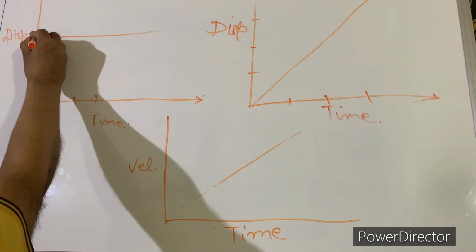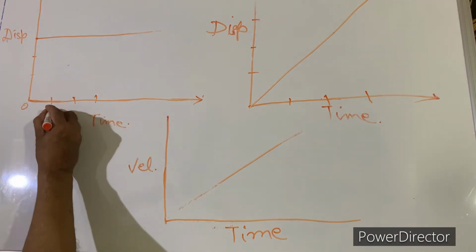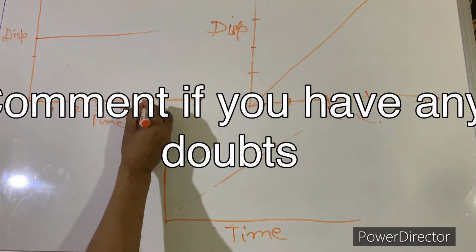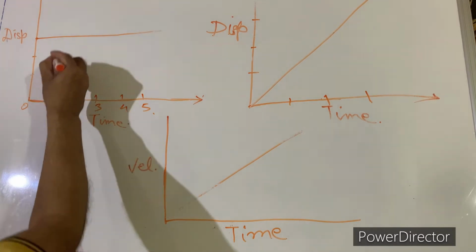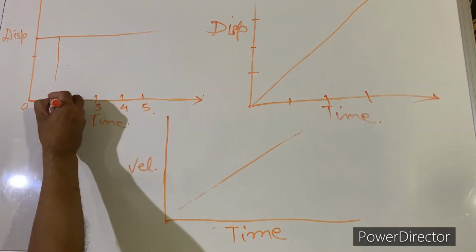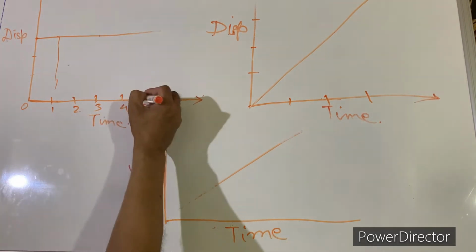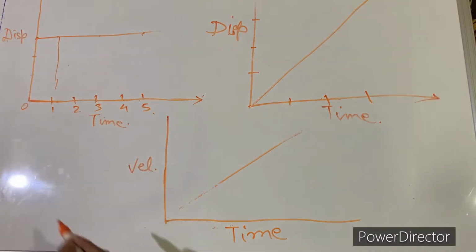Suppose this is time on this x-axis, 1 second, 2 seconds, 3 seconds, 4 seconds, 5 seconds and so on. You will notice whatever the displacement was at the first second, it is the same at the third second, fourth second and fifth second and so on. Displacement of the body remains the same.